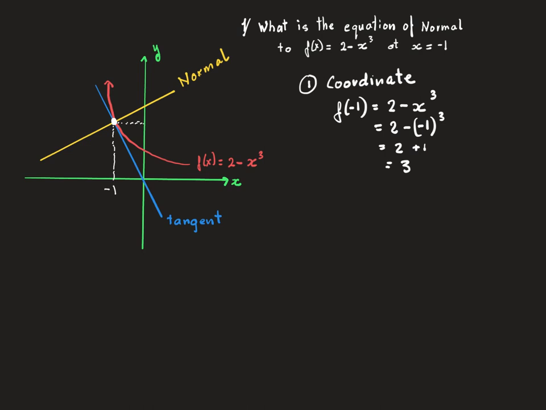So the y coordinate at this point is 3. So we may say now that the coordinate is (-1, 3).